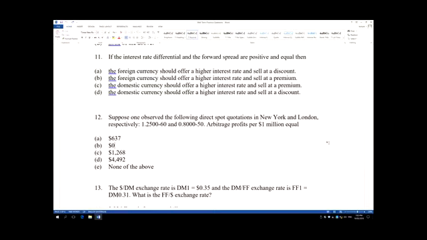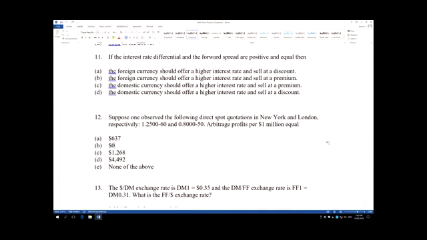Let's have a look. In New York, it's going to be £0.7962 or 0.80 per dollar, and in London it's going to be 0.8 or 0.8050 per dollar.